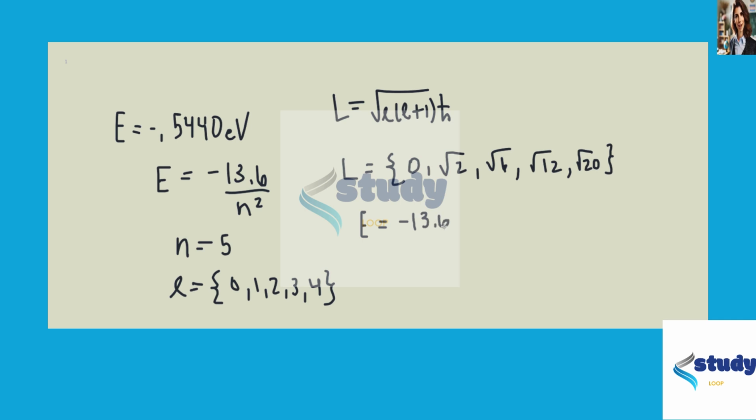So that's 13.6 divided by 36 minus the negative 13.6 over the current n, which is 5, so 5 squared equals 25. Then we set that energy difference equal to hc over lambda and solve for lambda by cross multiplying, for example. I'm going to pause the video while I do that calculation.